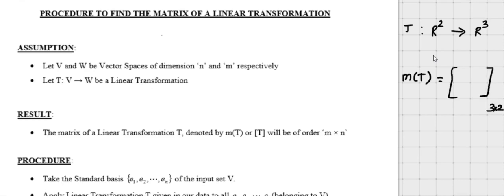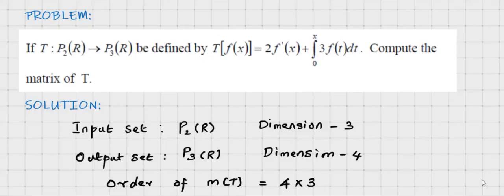This is the result you must know before getting into each and every problem. The input set dimension is 2 and the output set dimension is 3. Then the order of the matrix of that linear transformation will be 3 cross 2. Okay, let's solve this problem.